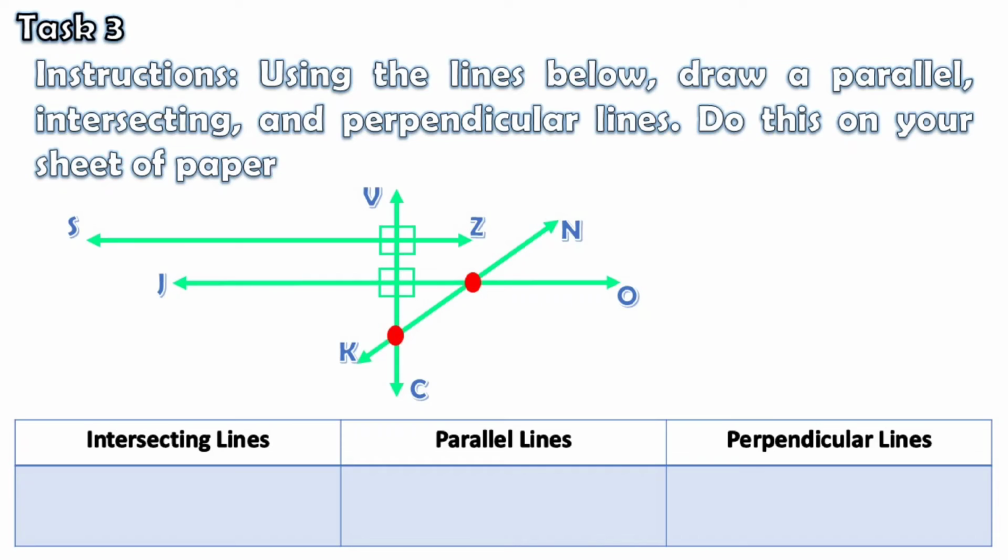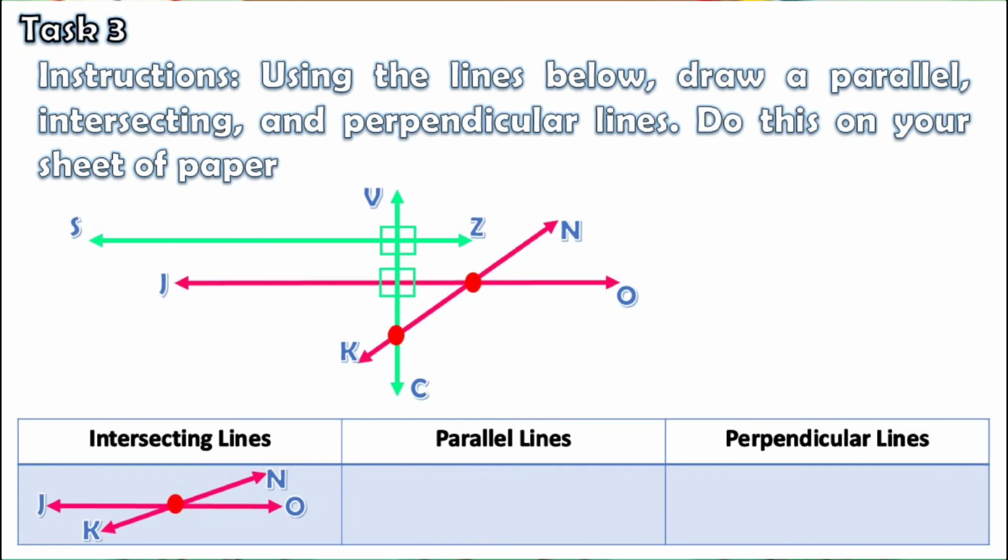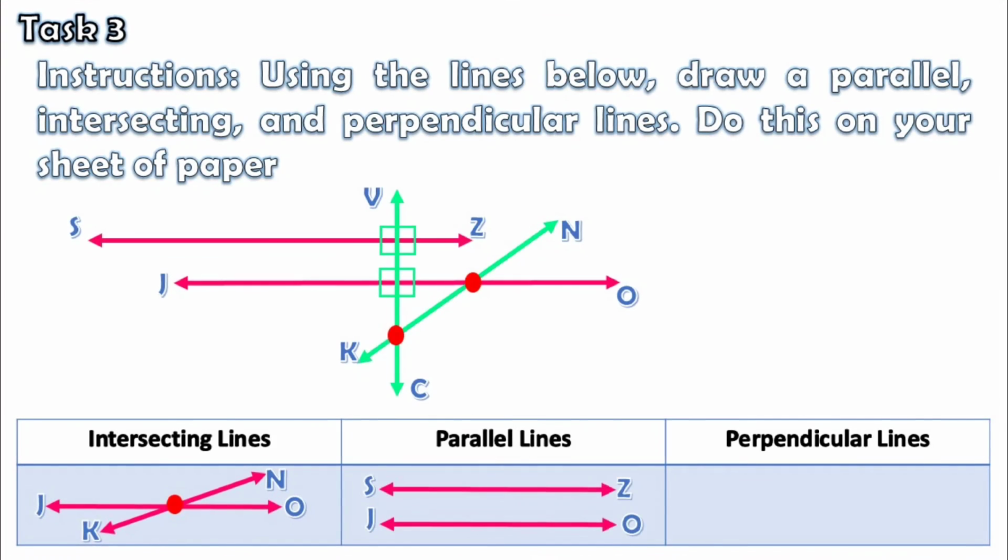One of the intersecting lines in our illustration is line JO and line KN. If you see other intersecting lines in our lines, you can draw them as well. Have you seen and drawn it? The parallel lines in our lines are line SC and line JO.